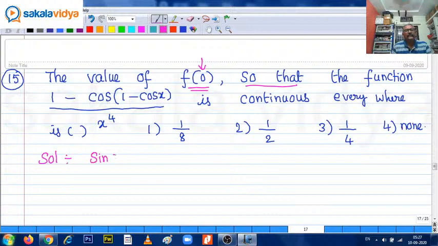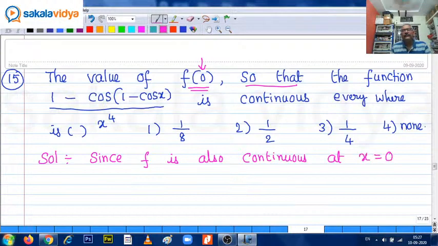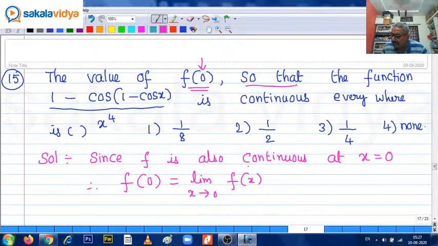Since f is also continuous at x equals 0, therefore, as per the definition of continuity, f of 0 is equal to the limit x tends to 0 of f of x. That means we need to evaluate the limit.